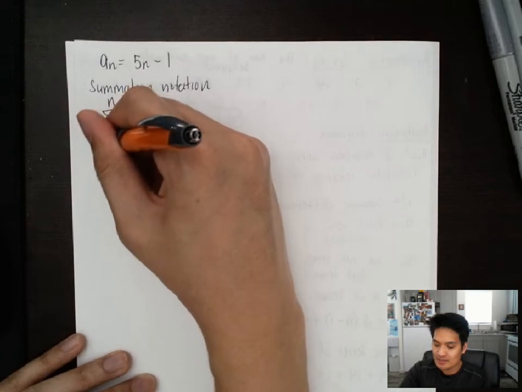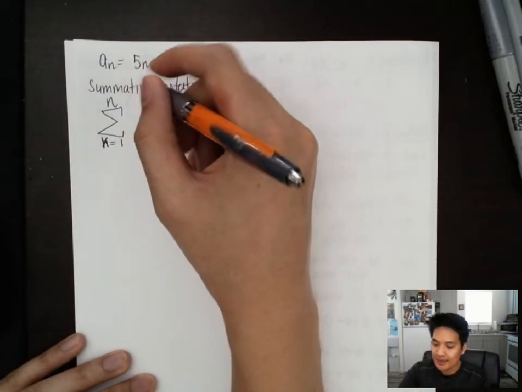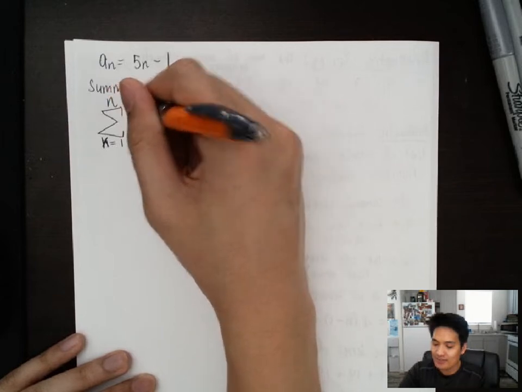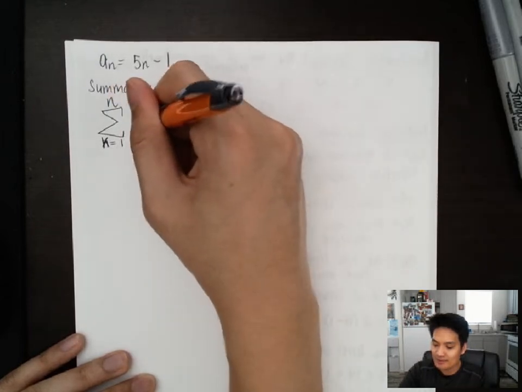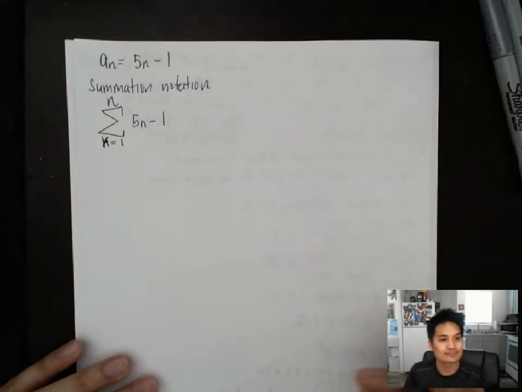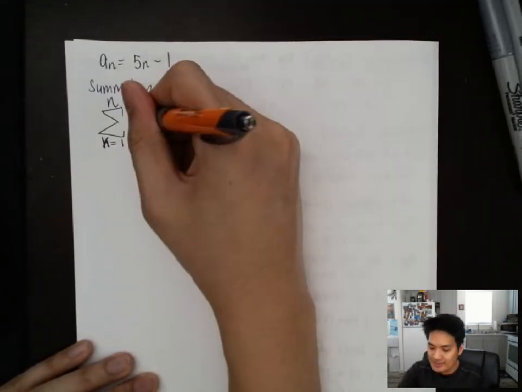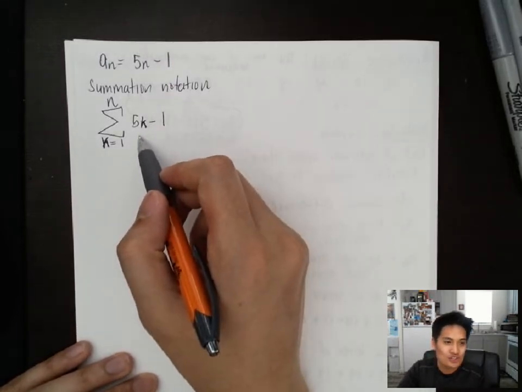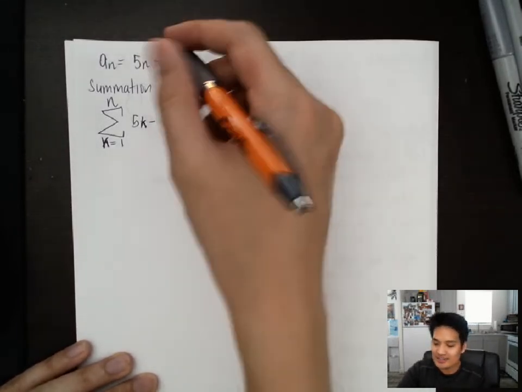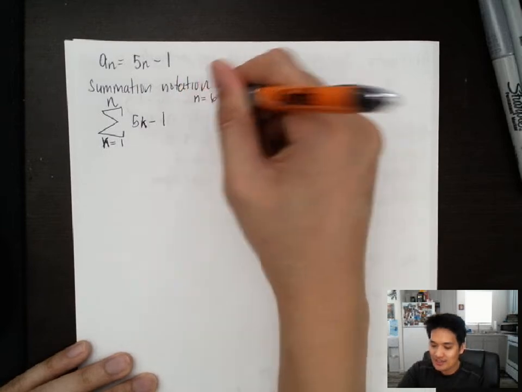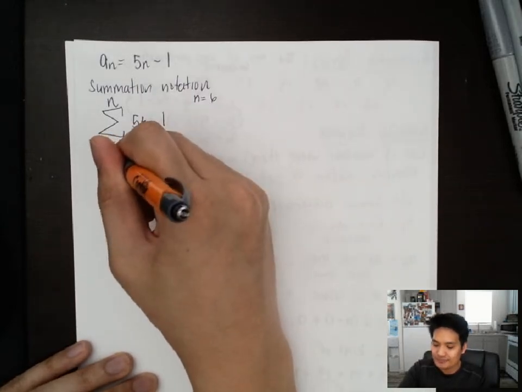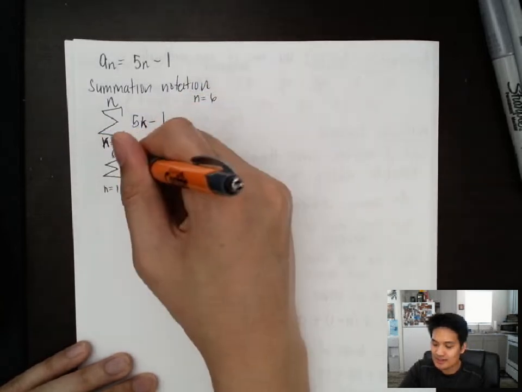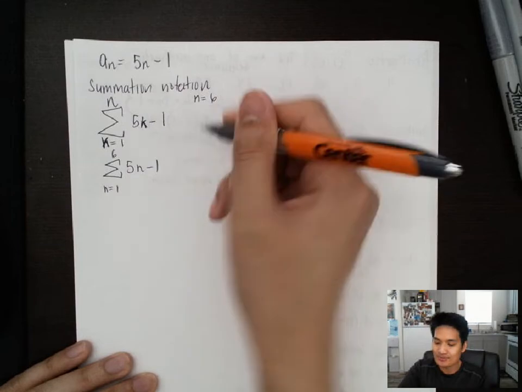In this case, let's make this k here, and we have our arithmetic sequence, which is 5n minus 1. Okay, so in this case here, k just represents another variable. So in our case, since we had n equals 6, right, I can write it like this: n equals 1 to 6, 5n minus 1.